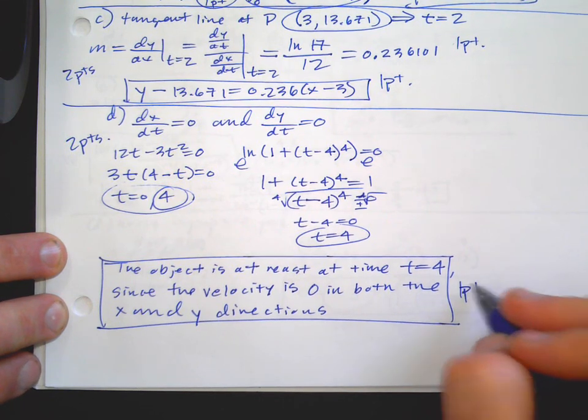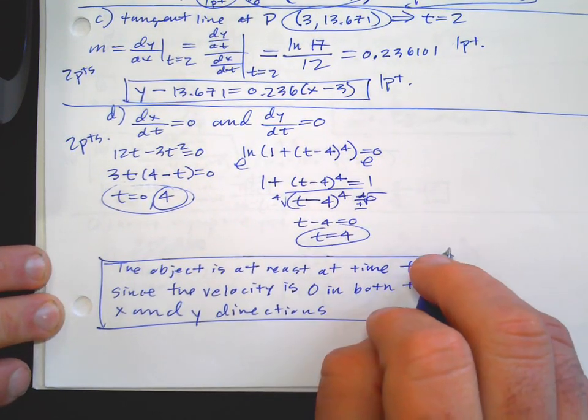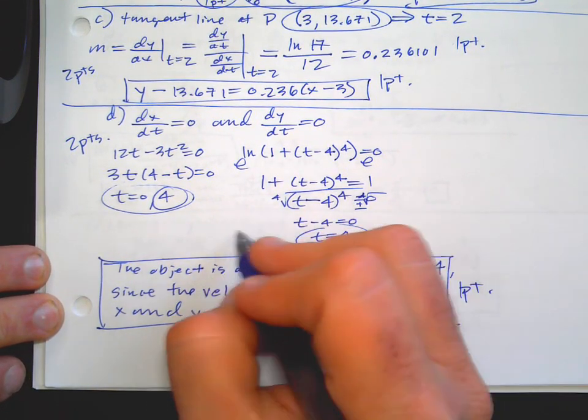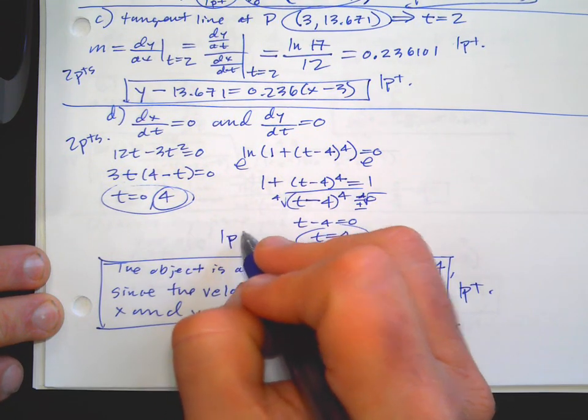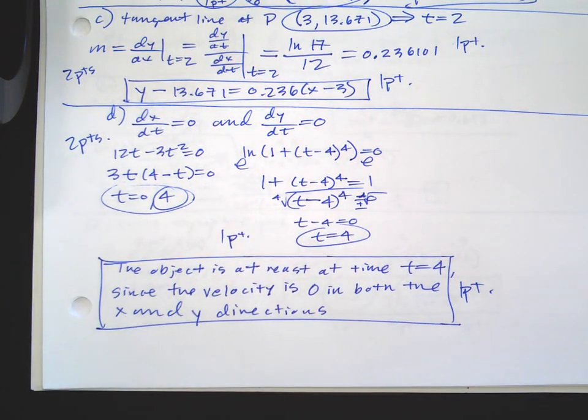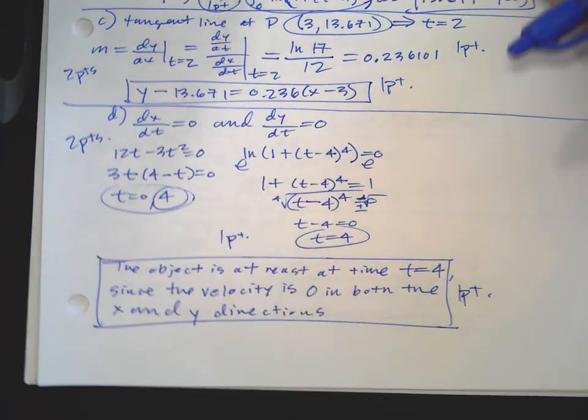One point for your answer and your reasoning. One point for finding t equals 4. All right. Okay, one more to go.